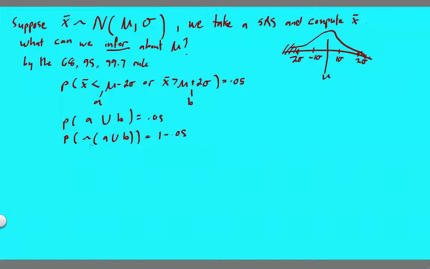By De Morgan's laws, the negation of a union is the same thing as taking the intersection of the negations of the statements. So we can say not A and not B, or the intersection of not A and not B, is equal to 1 minus 0.05, which is 0.95.